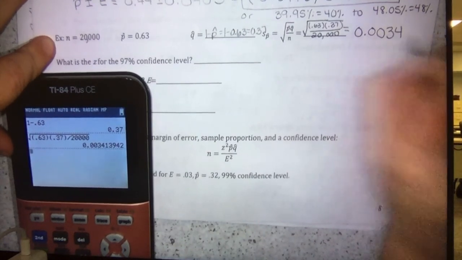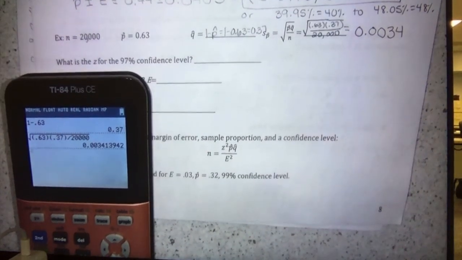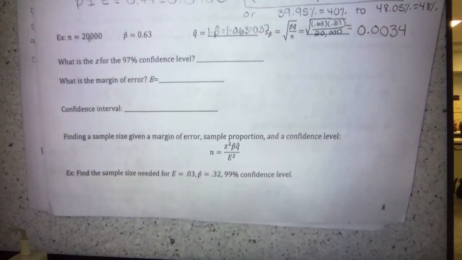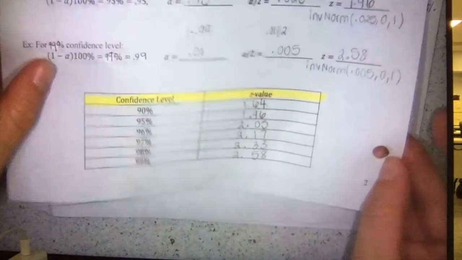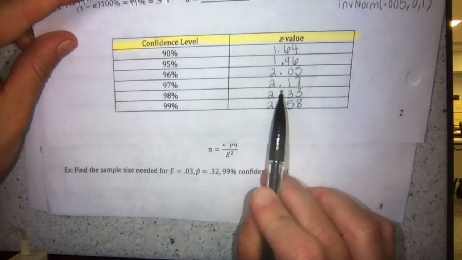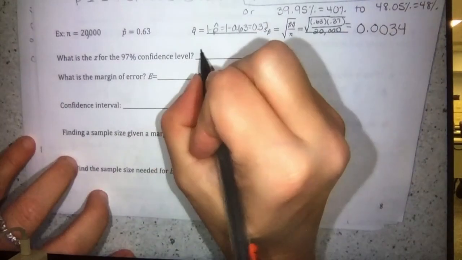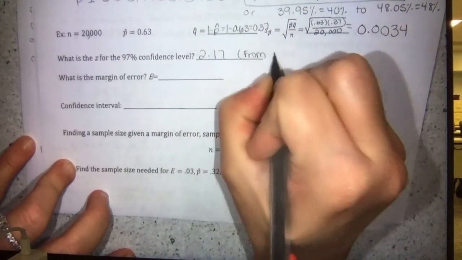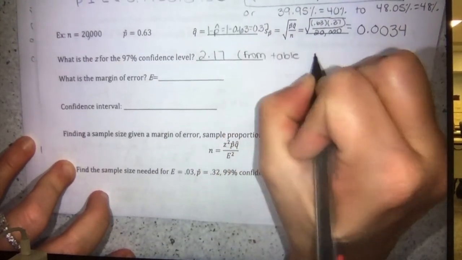We get 0.0034. So it asks us, what is z for the 97% confidence level? All right, so let's go back to our table on page 2. 97%, 2.17, boom. 2.17, and that is from the table on page 2.